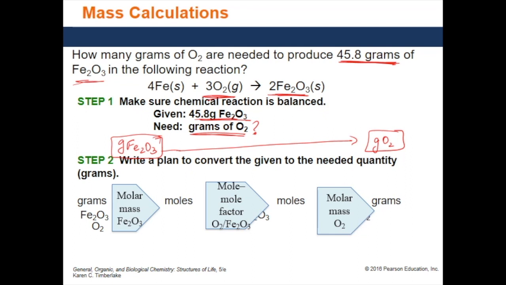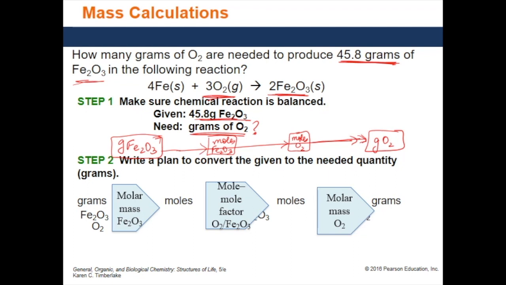First, we'll go from grams of iron oxide to moles of iron oxide. Once we have moles of iron oxide, we can go to moles of oxygen using the conversion factor from our reaction, which is the mole to mole ratio. And then we can go from moles of oxygen to grams of oxygen using molar mass.